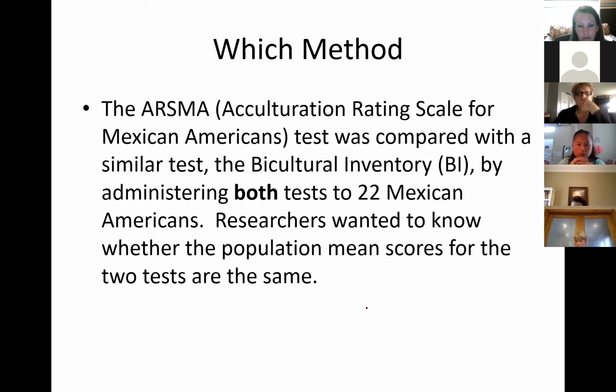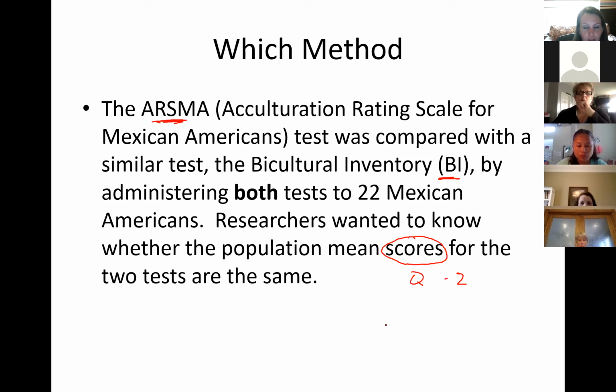All right, so this one, it looks like we're measuring the scores on these tests. And is scores categorical or quantitative? Quantitative. And we have quantitative, and are we looking at one group or 2 groups? 2 groups, right? We have these 2 tests, the ARSMA and the BI test. So we have 2 groups.